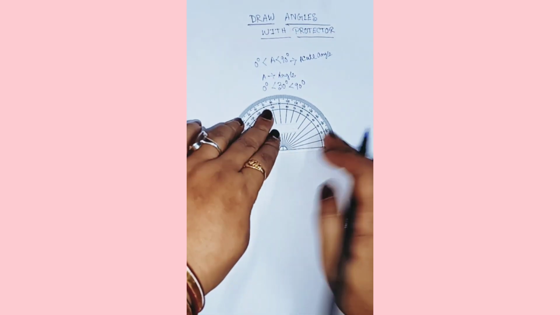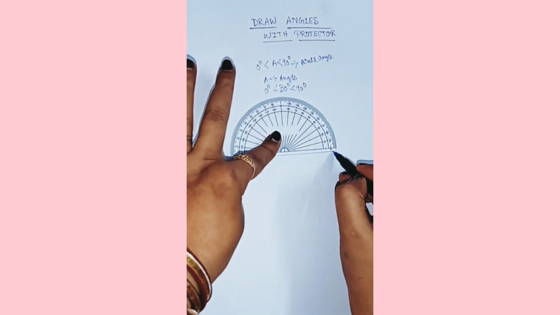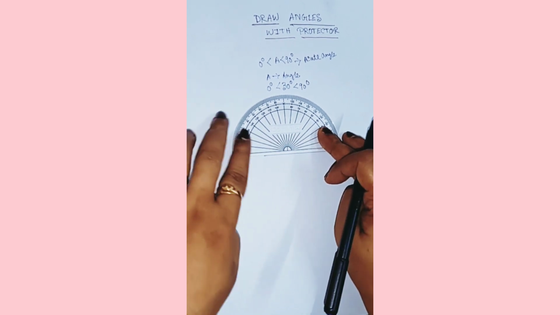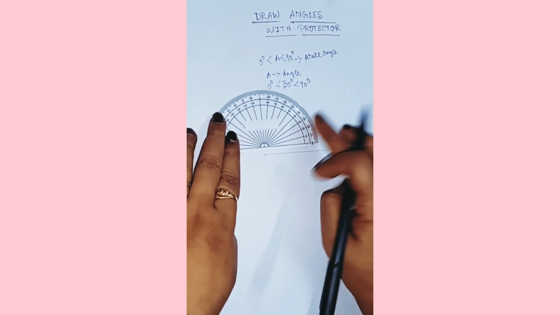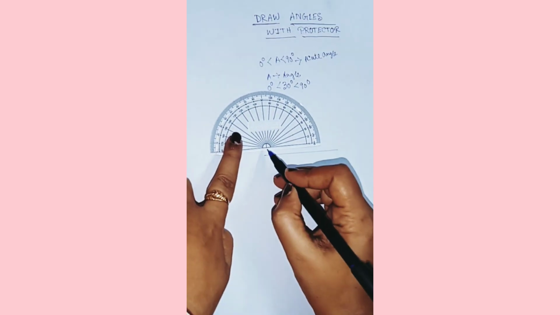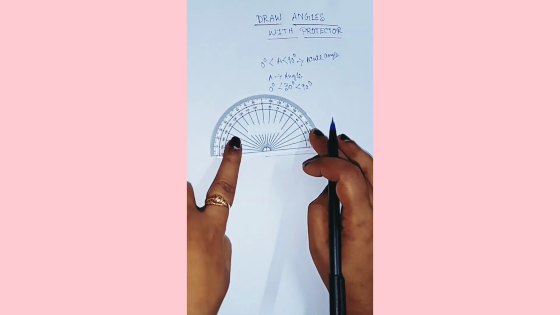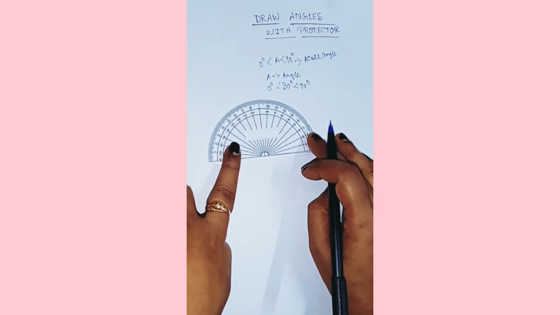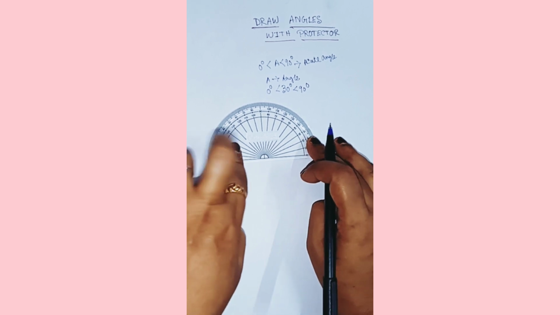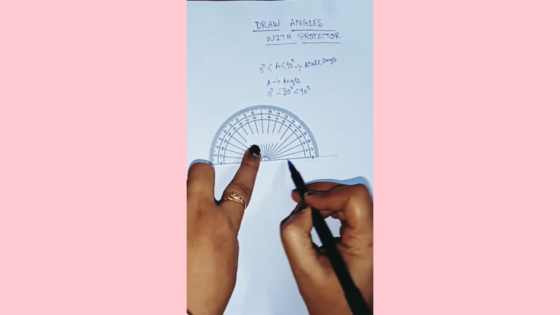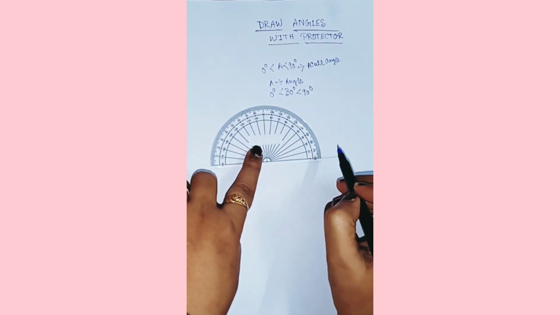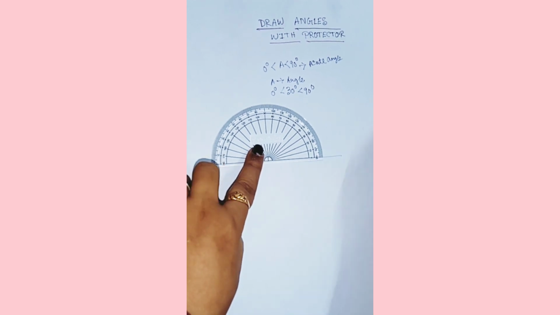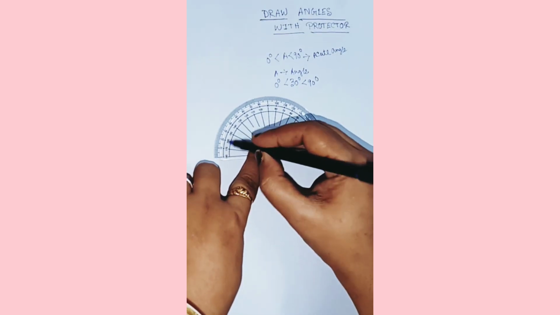First of all, you draw a straight line. Look at all the students, please listen very carefully. Then match this portion to the starting point, and match the black line with the line you already drew. Then observe the inner scale.